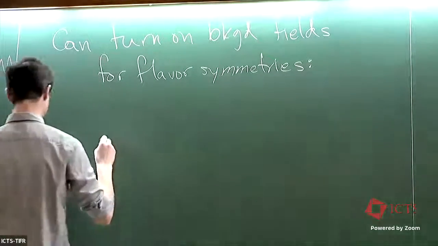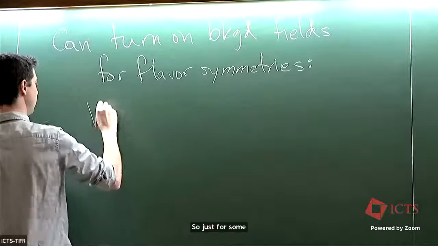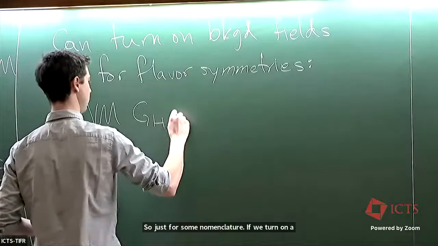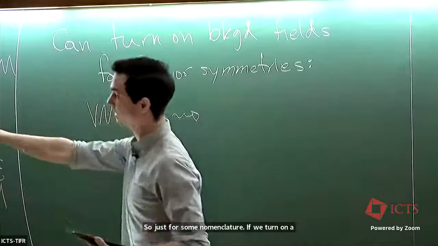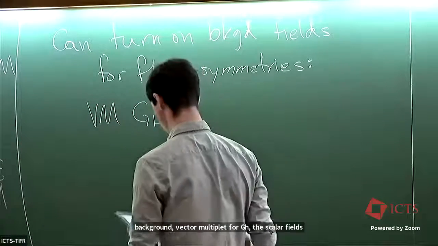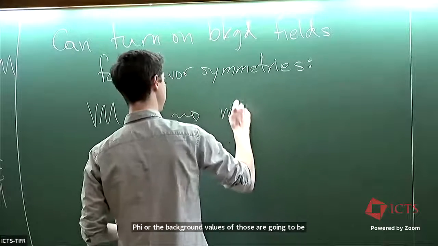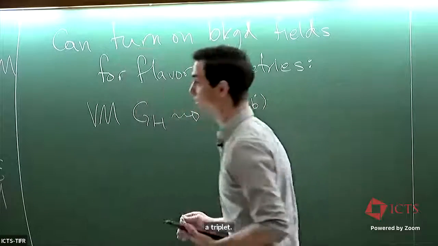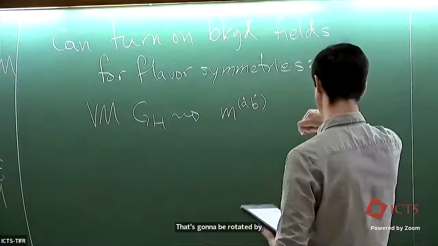So just for some nomenclature, if we turn on a background vector multiplet for G_H, the background values of those scalar fields are going to be a triplet that's going to be rotated by SU(2) Coulomb. I'm going to denote them m.